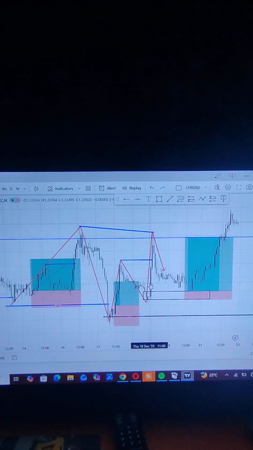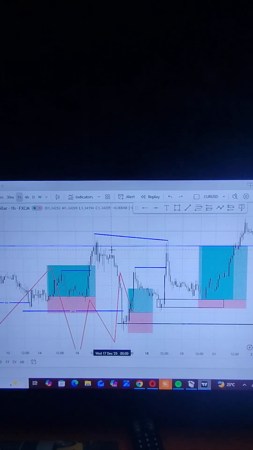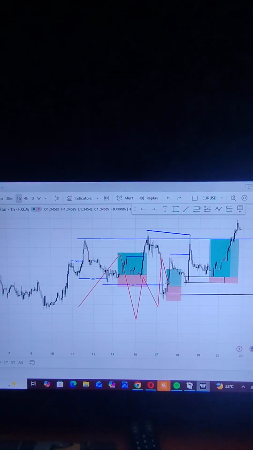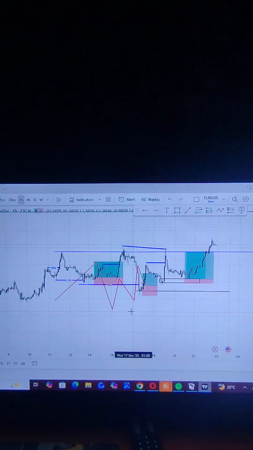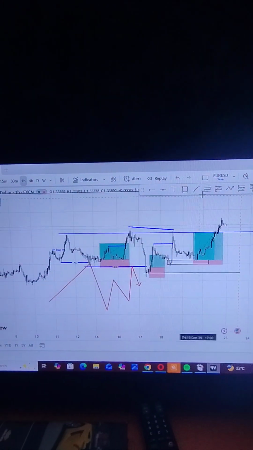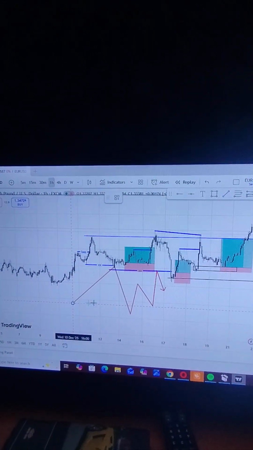So if I pull this thing that I've marked, let's pull this thing out. So I'll show you what you will normally see. So you see what I did there. We know that this was the liquidity grab.